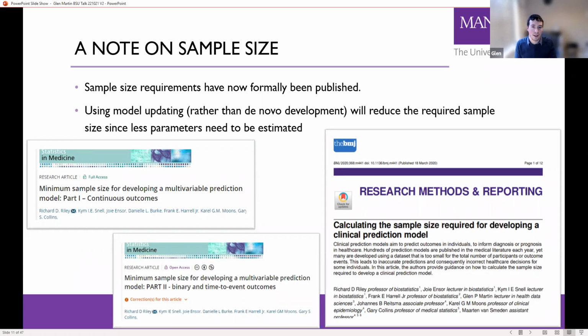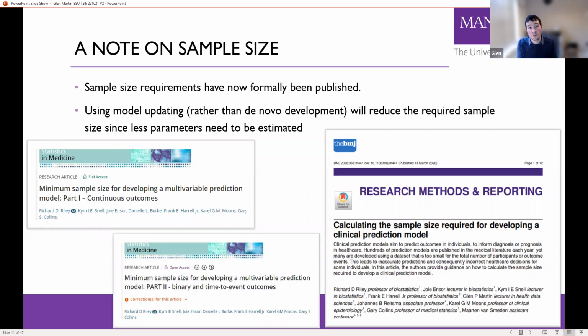All of those model updating or model aggregation methods reduce the number of parameters that you need to estimate in the new data set. You're essentially leveraging all of the existing data that's being used to inform those existing prediction models. So you're reducing your parameter space.